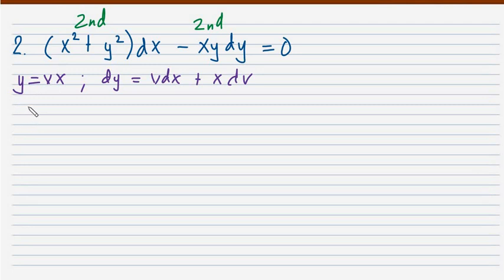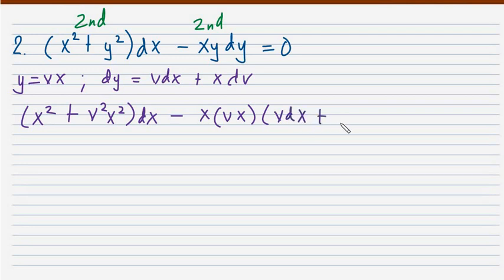So let's go ahead. x squared plus v squared x squared, because it is y squared, minus x times v times x, and then dy is v dx plus x dv, is equal to 0. So we have x squared plus v squared x squared dx, and now this would become x squared v.